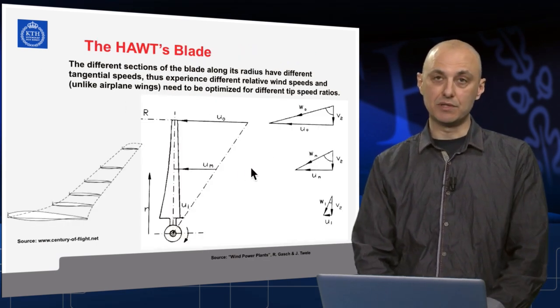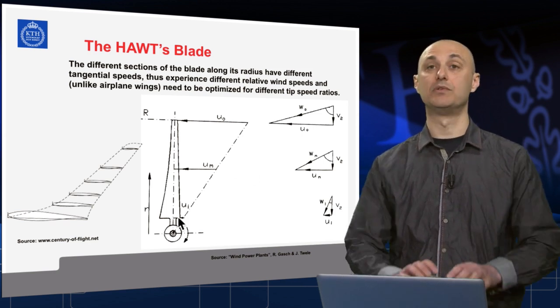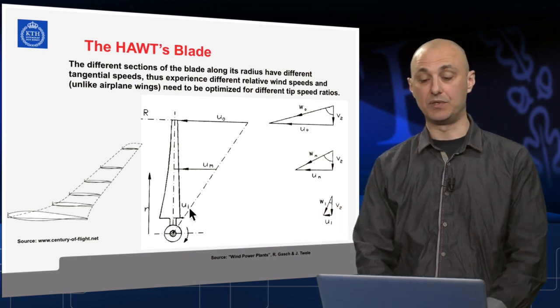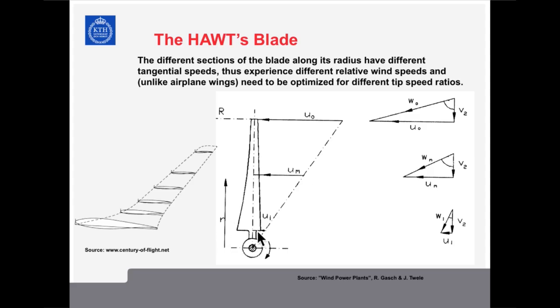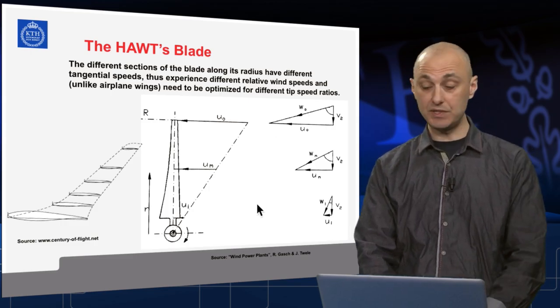The blade of the horizontal axis wind turbine would be very long if we want to sweep a large area, and now would need to be composed of different sections, because the fact that it's rotating around a center means that the different sections are experiencing different translational velocities, which convert into different tip speed ratios.